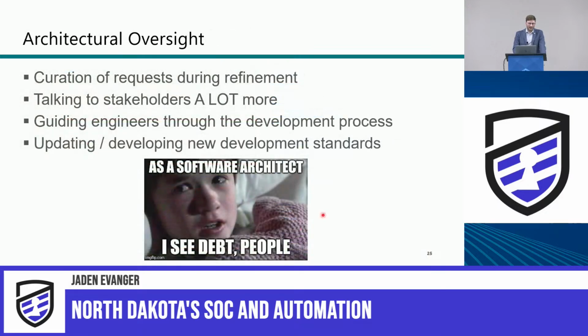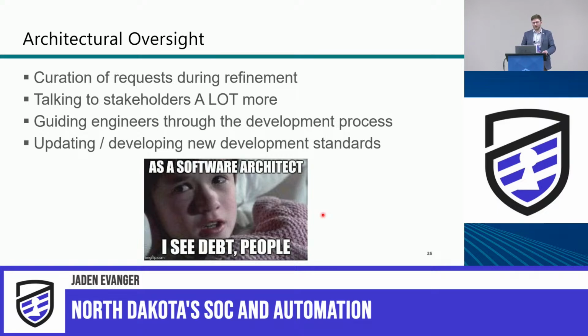And we have architectural oversight. So the senior tier of engineers on our team, one of our new-ish responsibilities is working with the stakeholders, our internal customers, a lot more to understand what their requirements actually are, making sure that we're not duplicating efforts so terribly badly and having one automation that does almost the same thing as another when we maybe can consolidate those things.